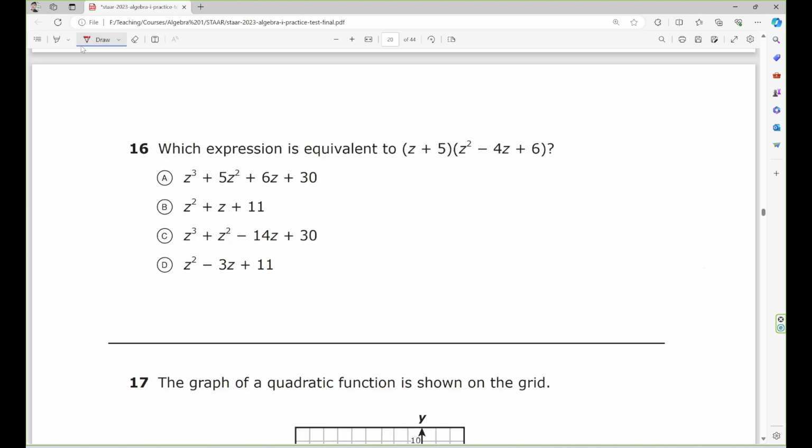Alright, let's move on to number 16. Which expression is equivalent to (z plus 5) times (z squared minus 4z plus 6)? Alright, you can either use the FOIL method or the box method, but the box method is strongly recommended. Okay, so use the box method.